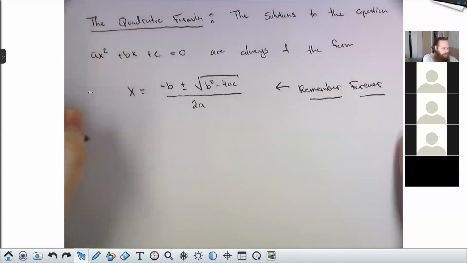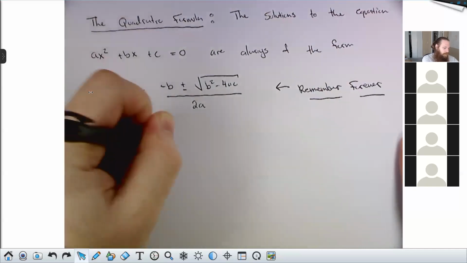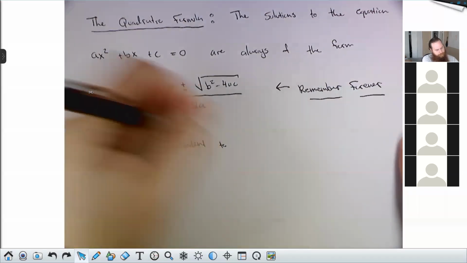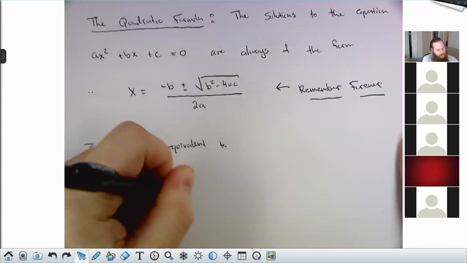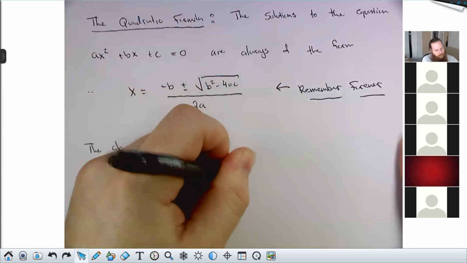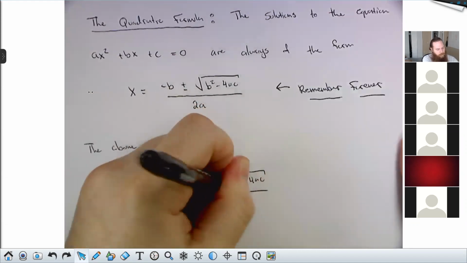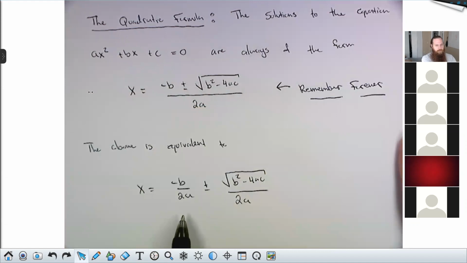But also, this is equivalent to x equals negative b over 2a plus or minus the square root of b squared minus 4ac over 2a. Does anybody recognize this piece?